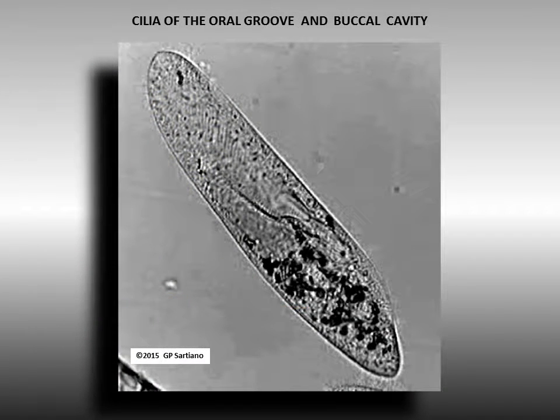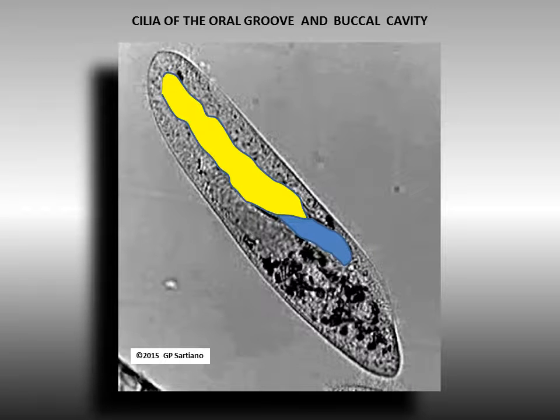In this illustration, the preoral ciliary field is colored in yellow, and the buccal ciliary fields, which include the quadrilis and the paniculi, are colored in blue.